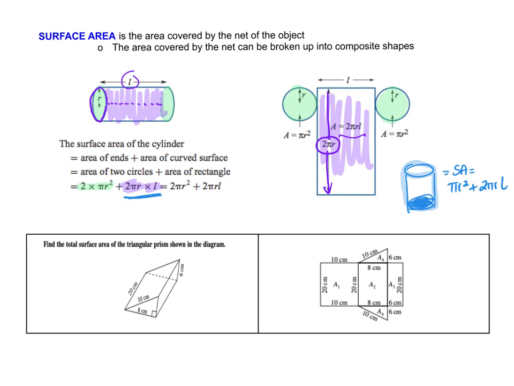Down here, if you've got the triangle, often this could be a tent, or they'll say it's a sunshade or something like that. The base might not be included, so you have to be really careful with the questions. When you break this up, you have all the different sides. These 2 triangular ends, you could find the area of a triangle and times it by 2.